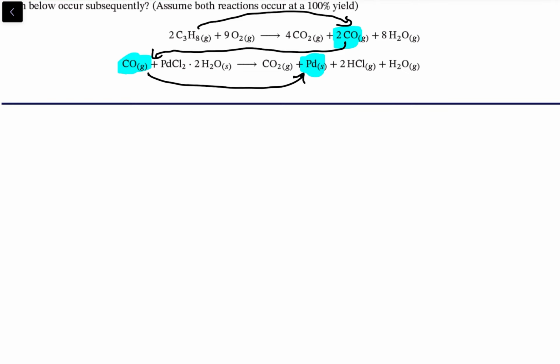plays a role. We're told initially the mass of the propane, C3H8, is 10 grams. Of course that means the number of moles of propane, with its molar mass being 44.094, equals 0.2267 mole propane.